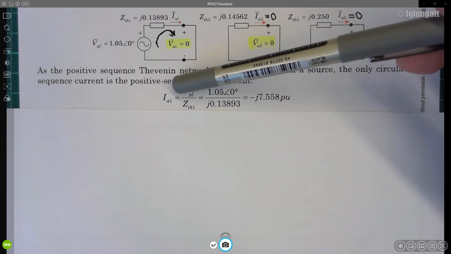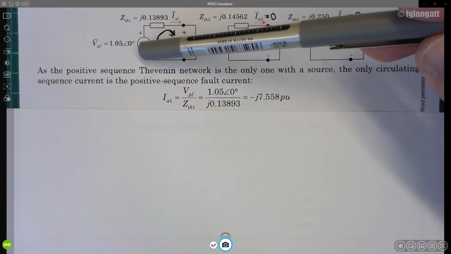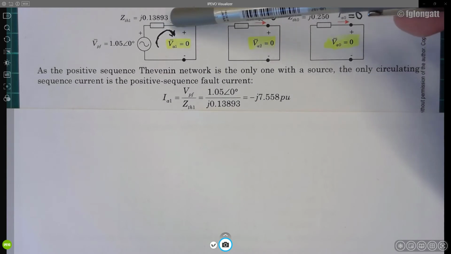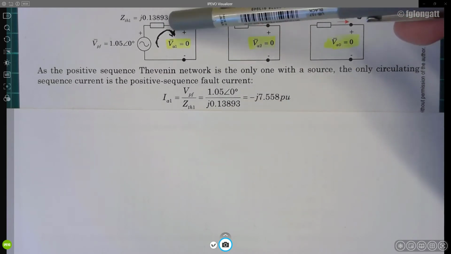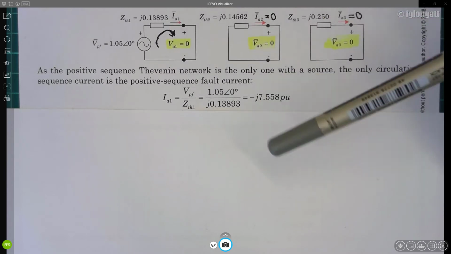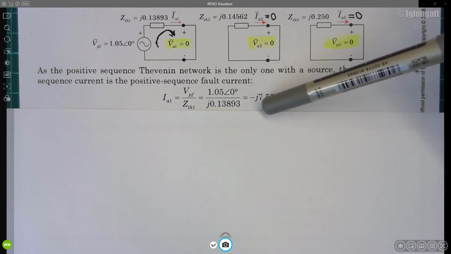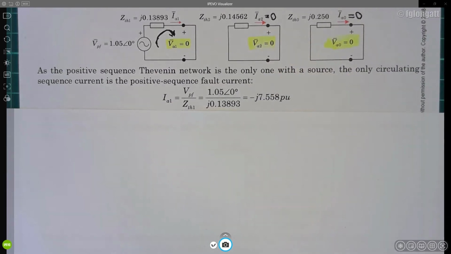The positive sequence current will be the voltage, that is the pre-fault voltage of 1.05 per unit, divided by the positive sequence Thevenin reactance, and we obtain here the important positive sequence current.